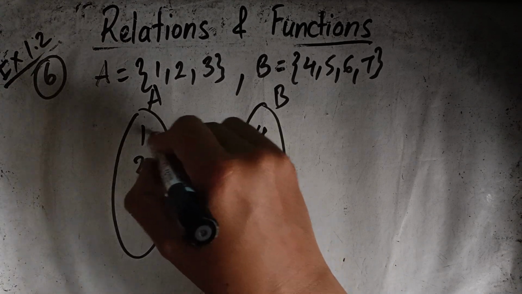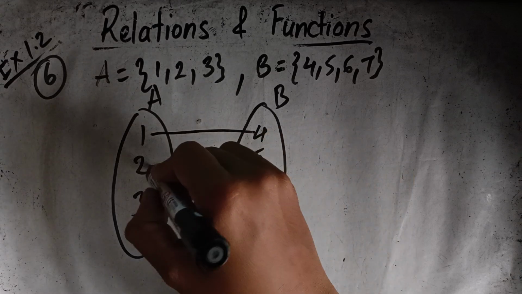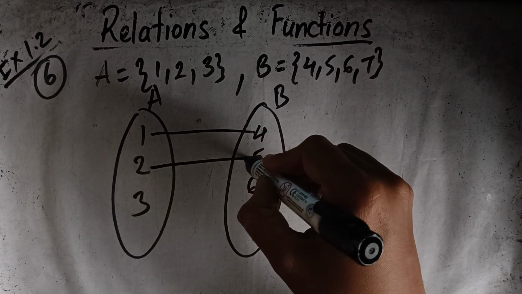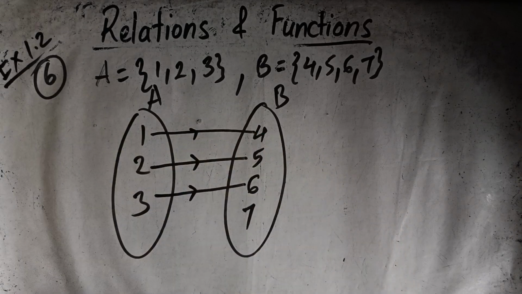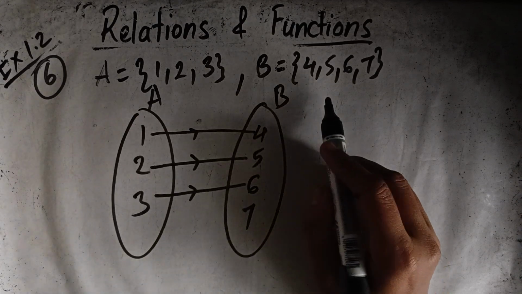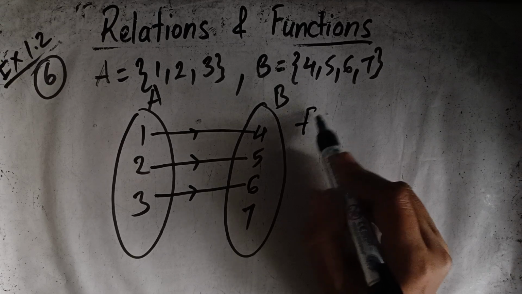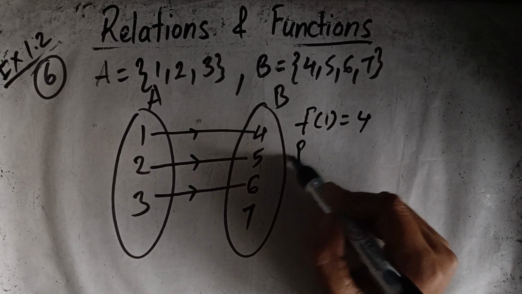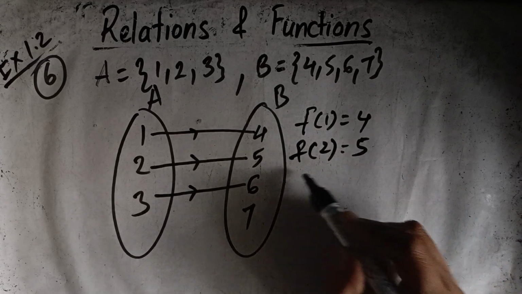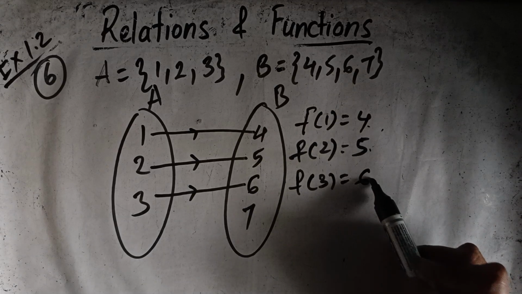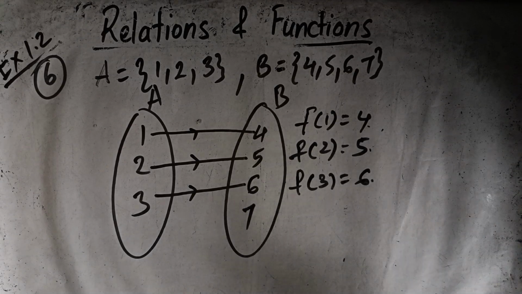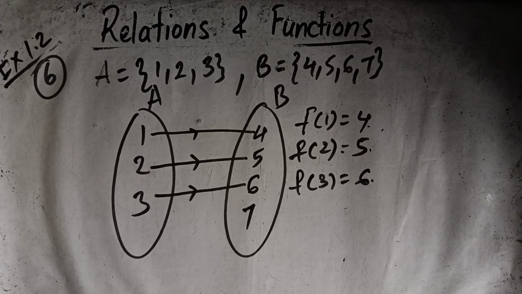So in the function, 1 is going to 4, 2 is going to 5, 3 is going to 6. Okay. So we can directly write this as f of 1 is 4, f of 2 is 5, and f of 3 is 6. These are distinct elements, right? So this is 1-1. Images are distinct.